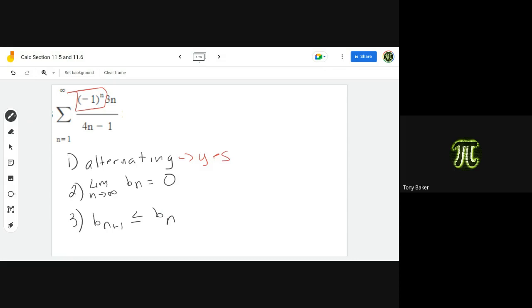So now we can look at Bn. Bn is just 3n over 4n minus 1. Take the limit of that as n goes to infinity.